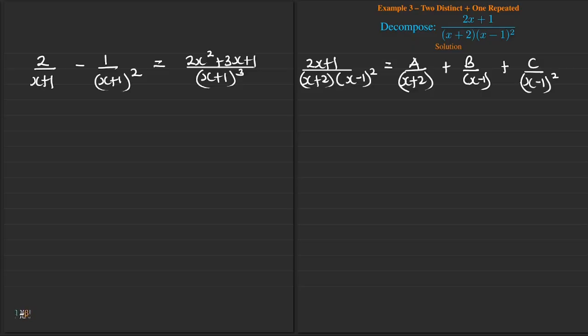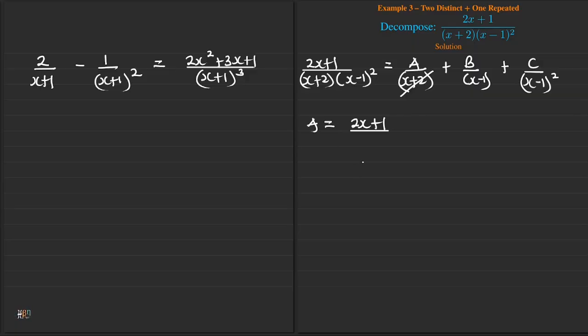So with this, using the cover-up method, if you want to solve for our A, then we'll say our A is equal to, remember for the cover-up method, we take this whole function we have here, its numerator, that is 2x plus 1 over all the other denominators, excluding what A has.